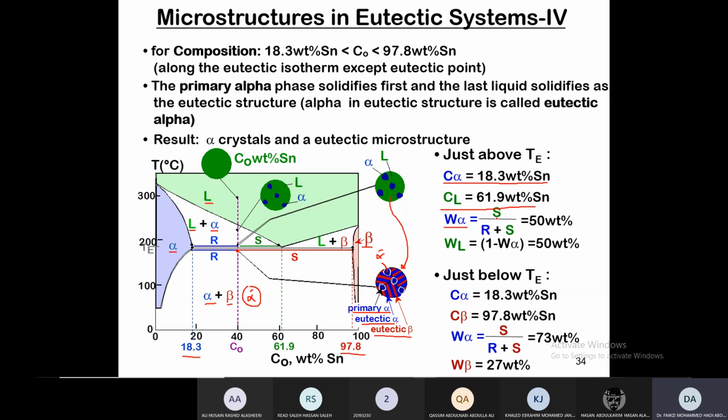And how much is S? S is equal to 61.9 minus 40. So that is this length here, from here to there. It is equal to 61.9 minus 40.